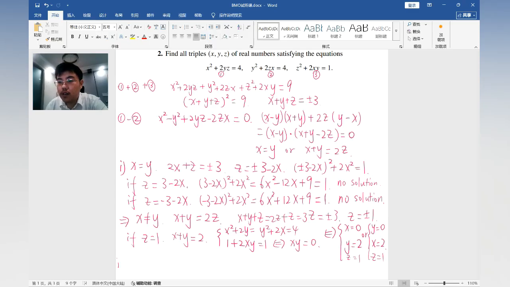So there's another case, the final case. Z is negative 1. And again, we use these numbers in original equations.